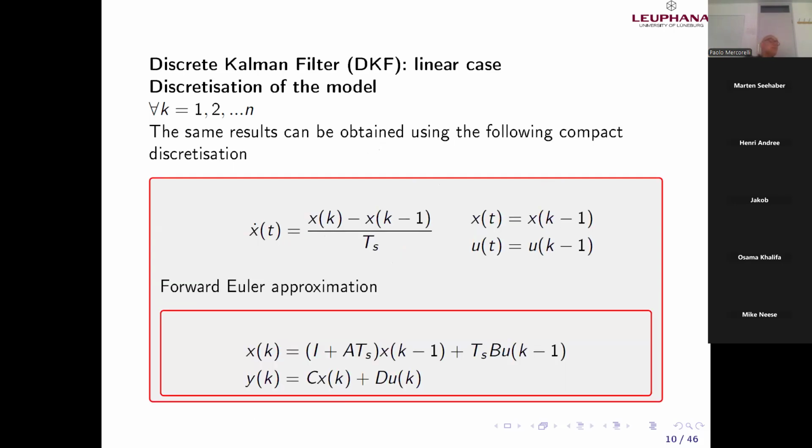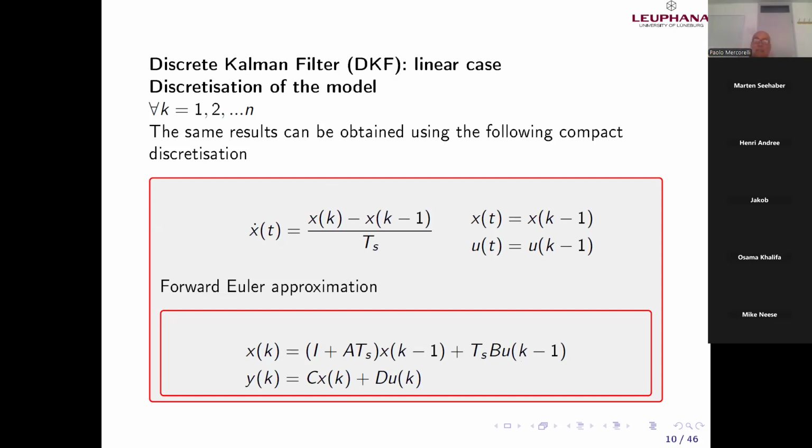Discretization. Also here, I don't need to spend much energy because, as I told you, we know this discretization, which is Forward-Euler discretization. Putting these positions in the model, we build the general model characterized by the matrices A, B, C, D. Do you remember? I think you remember this.